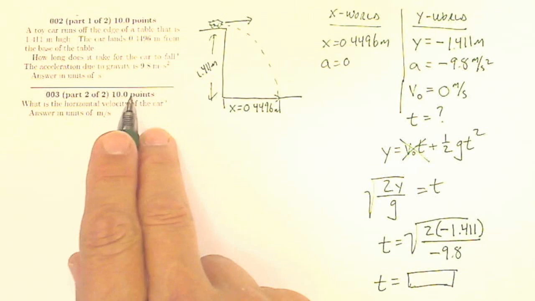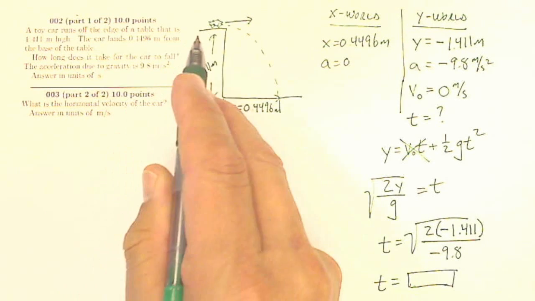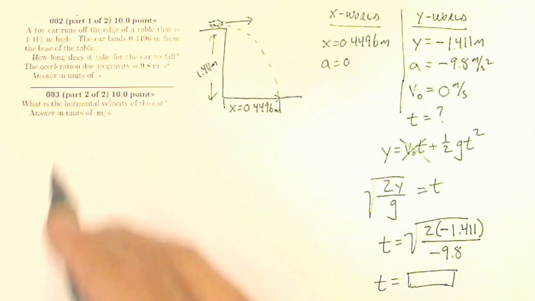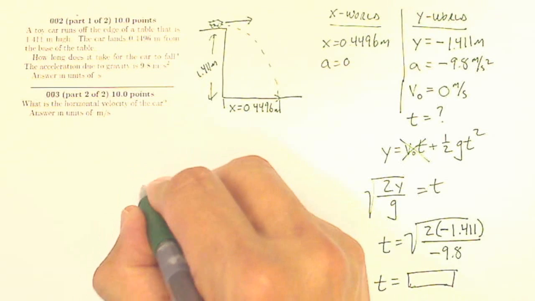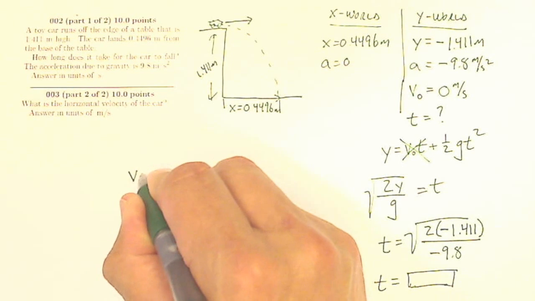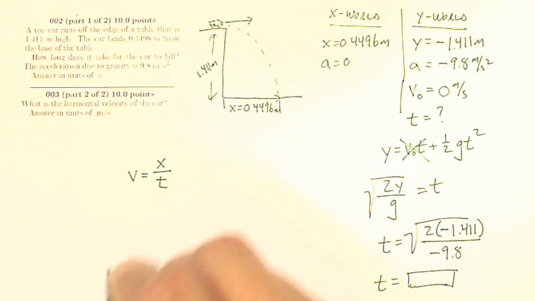Now question number 3 asks, what is the horizontal velocity of the car? Well, that's the velocity with which the car leaves the table. I know this is how much time it took to reach the ground after it left the table. And I know that in the x world, my velocity is simply my distance traveled divided by the amount of time it took.